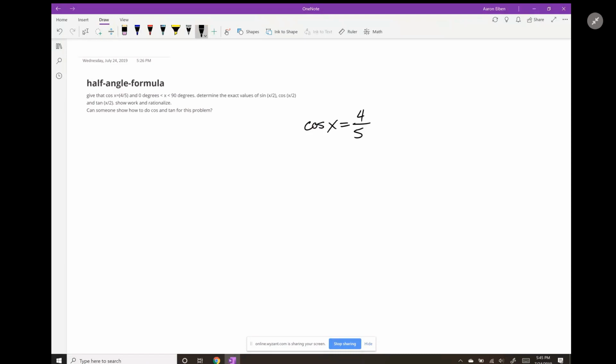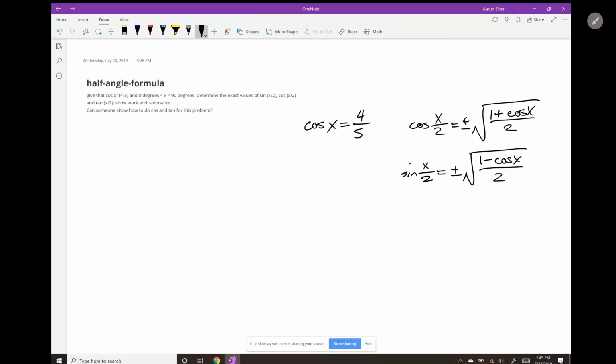And if you know the half angle formula, which you can look up in a math textbook or very easily online, then you know that cosine of half of x is equal to plus or minus the square root of 1 plus cosine of x divided by 2. Sine of half of x is plus or minus the square root of 1 minus cosine x over 2.